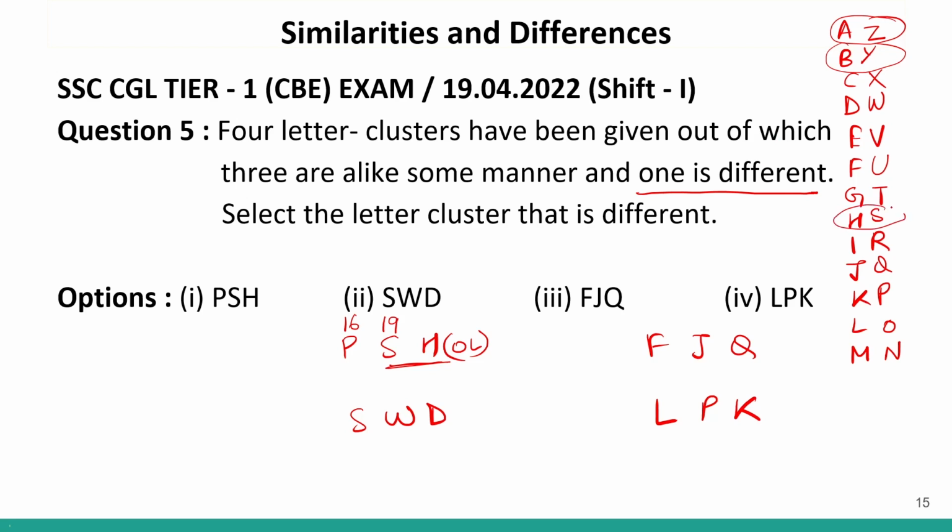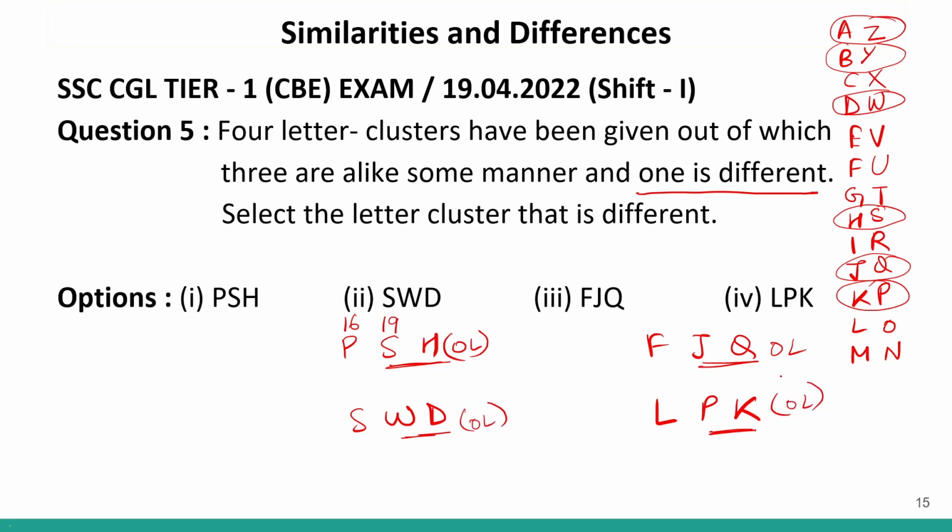So here you can see that S and H are opposite letters. Similarly, J, Q are also opposite letters. P, K also opposite letters, and W, D, these are also opposite letters. So these are all opposite letter pairs.